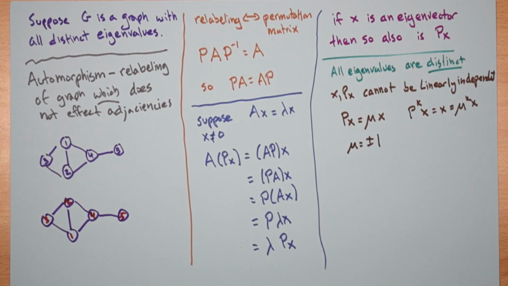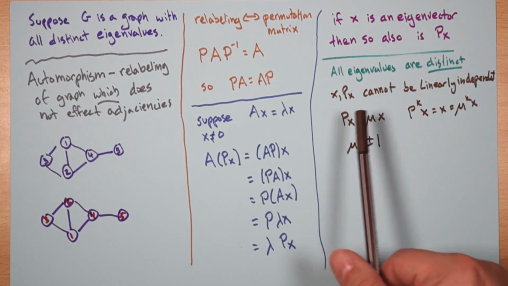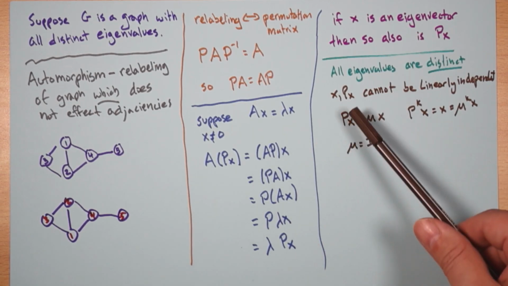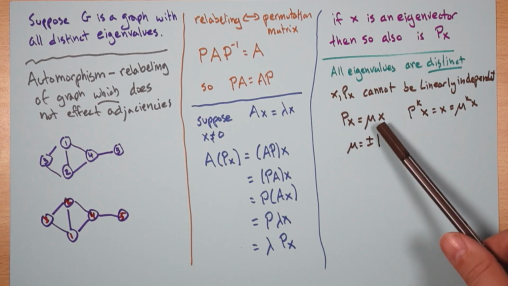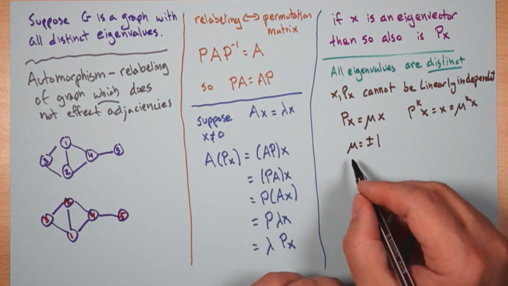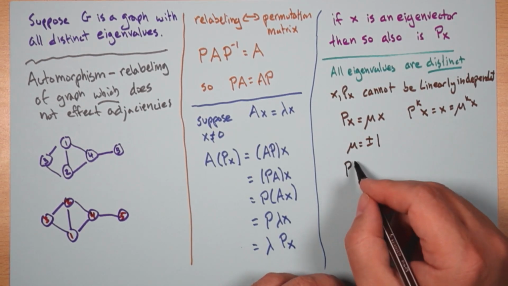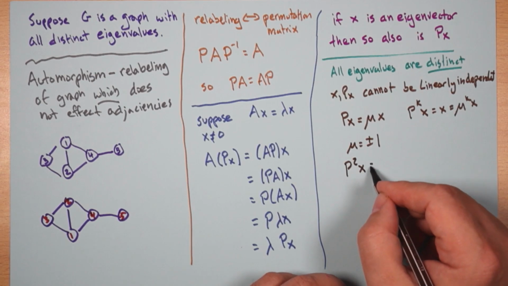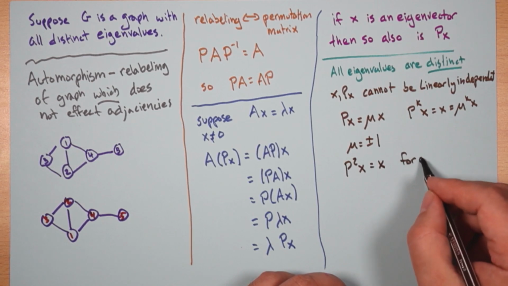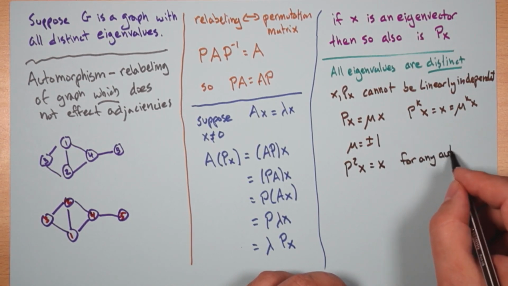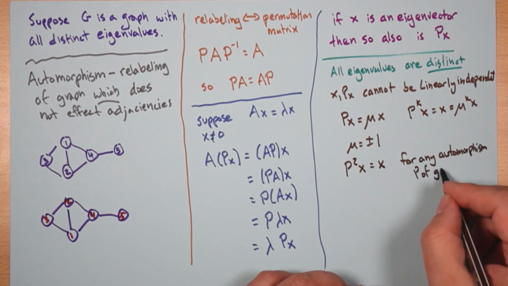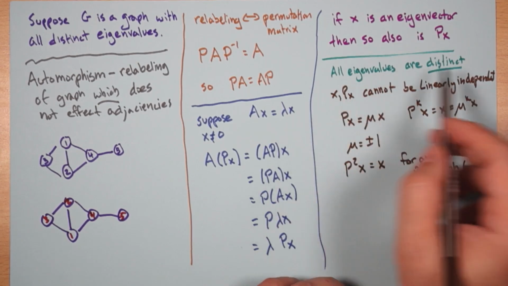So in other words, if we know all our eigenvalues are distinct, then applying any automorphism to the eigenvector either gives us the same eigenvector or the negation. Well, so what does that tell us? It tells us that P squared of x is always equal to x. And this is for any automorphism P. Now, I will say that at this stage, we really haven't used the fact that all eigenvalues are distinct.